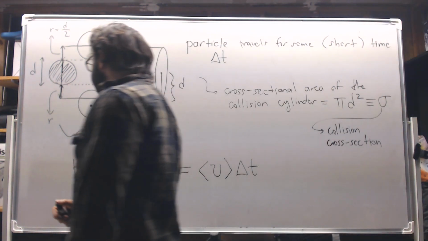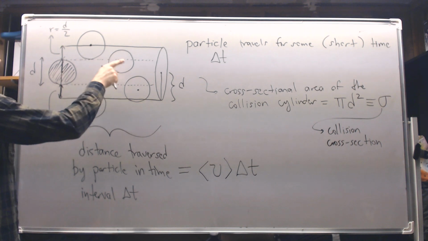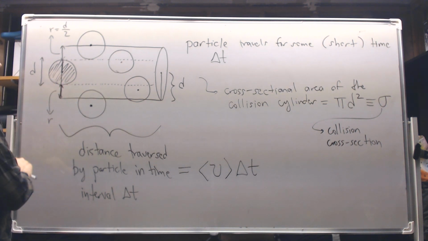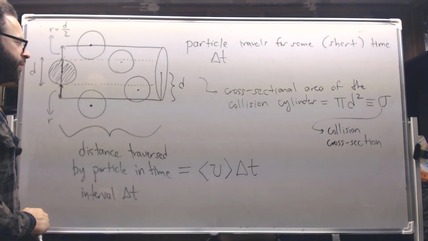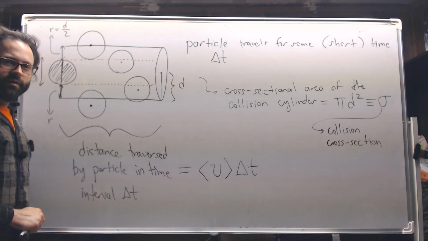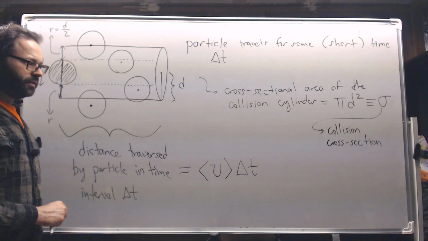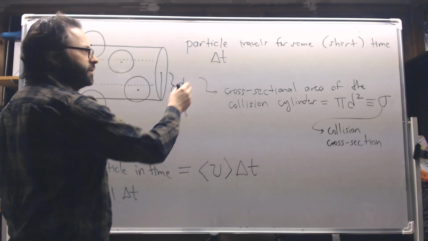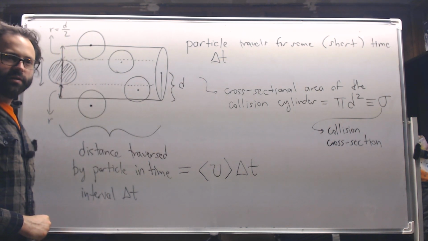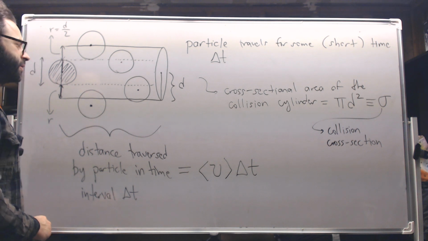So let us go back to the question that we wanted to ask. In this kind of circumstance, if this is our test particle, with how many particles will this test particle collide in a time delta t as it moves through the gas? How should we think about this?